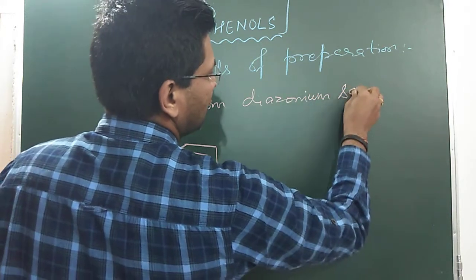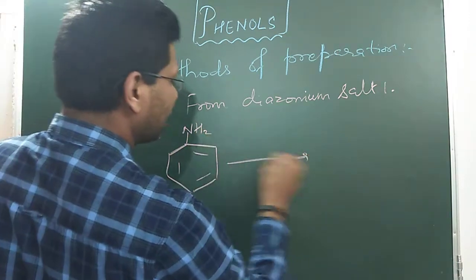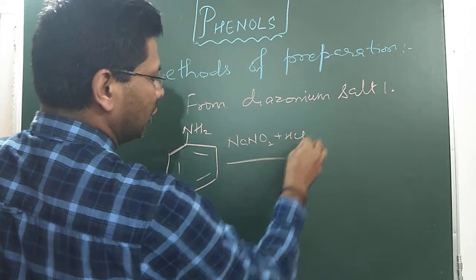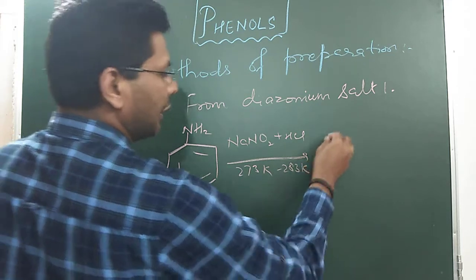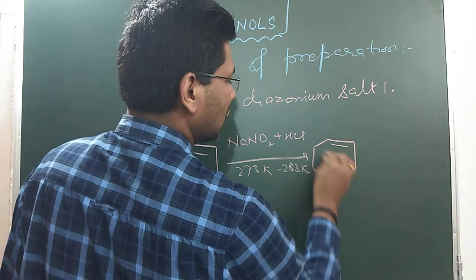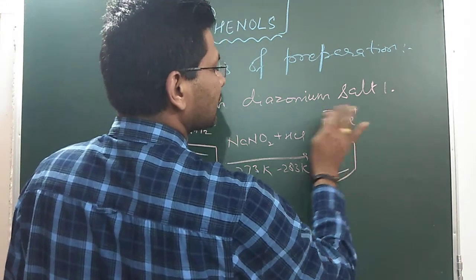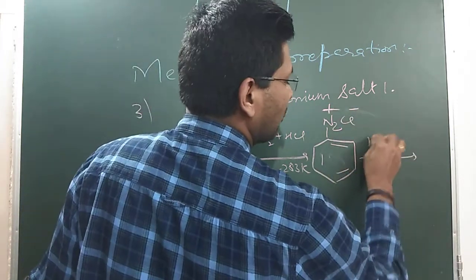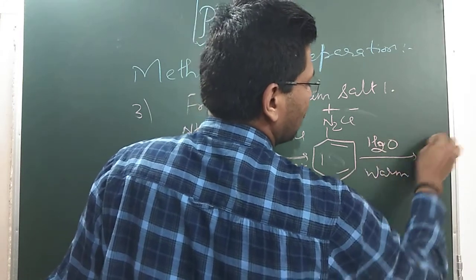So first we have to convert aniline into diazonium salt by treating it with NaNO2 and HCl at 273 Kelvin to 283 Kelvin. It forms benzene diazonium chloride, C6H5N2Cl. It is treated with warm water to form phenol.